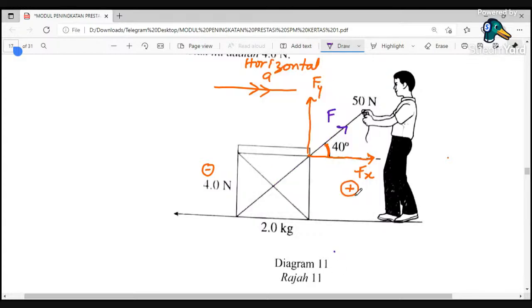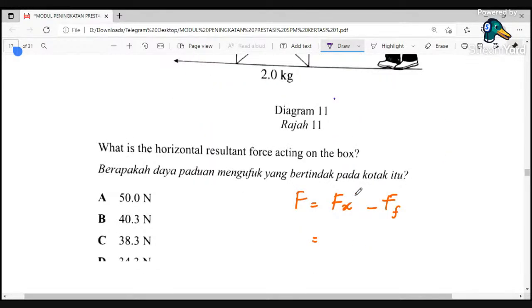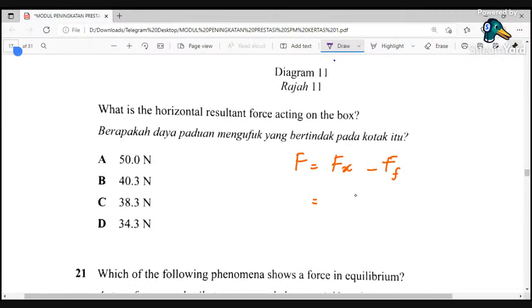Okay, so Fx ialah 50 cos 40 minus 4. So I get the answer 34.3.